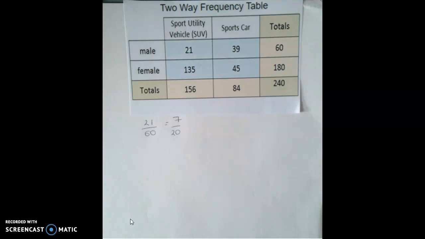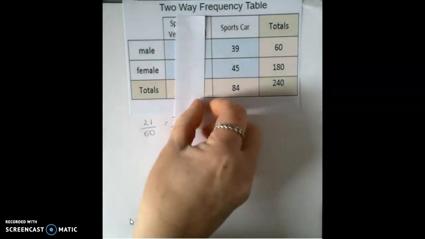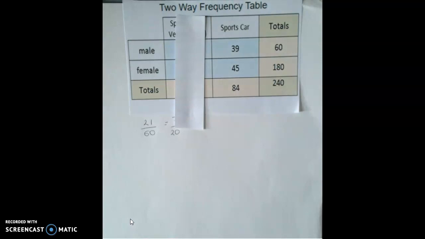So if we say, given that a person picked at random preferred sports cars, what is the probability that they are female? Well, again, you're narrowing down your sample size because you're saying, given that the person prefers sports cars, so immediately you can get rid of the SUV column because we only want the people who were interested in sports cars.